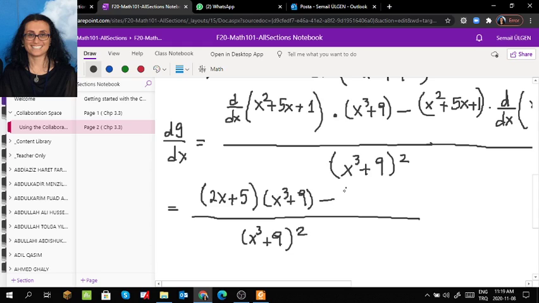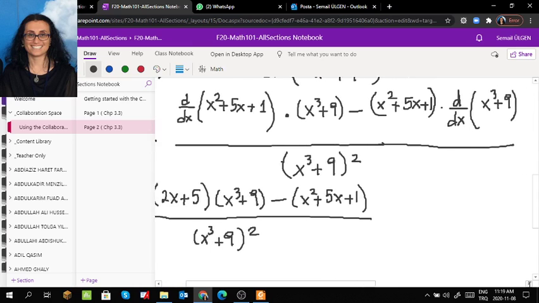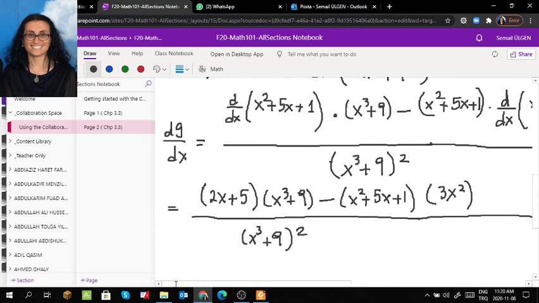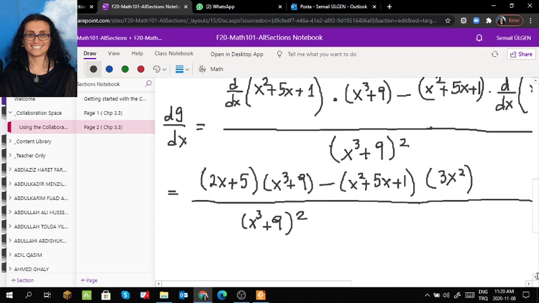Minus x squared plus 5x plus 1, times 3x squared. Okay, 3x squared. Alright, so that's the expression.